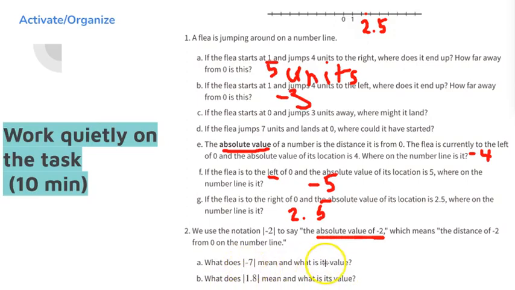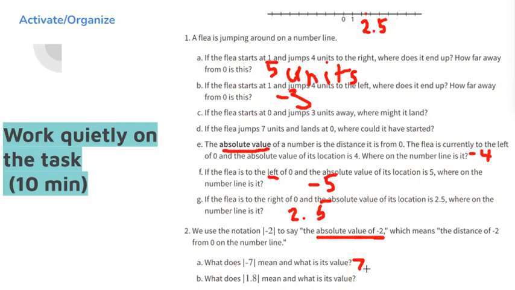So the absolute value of -7 is that it is 7 to the left of 0. That's how we know that it's worth 7.